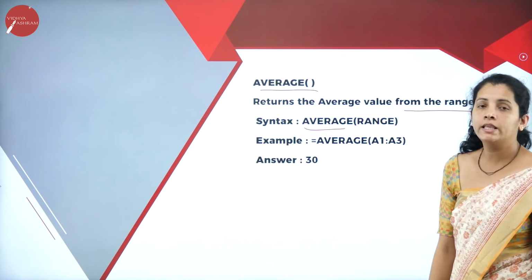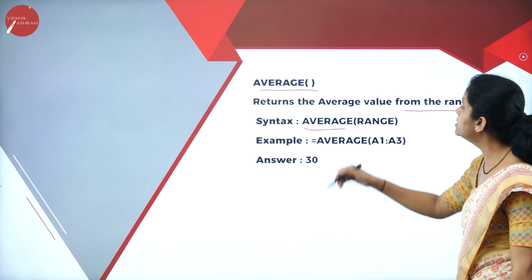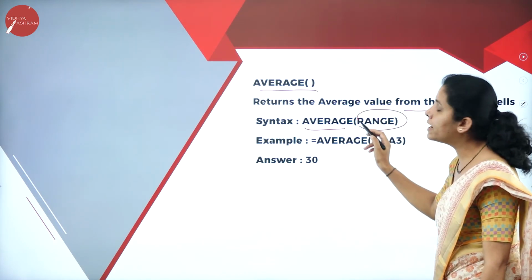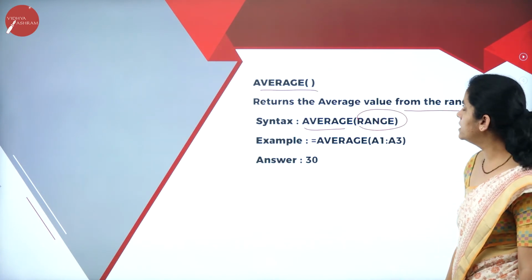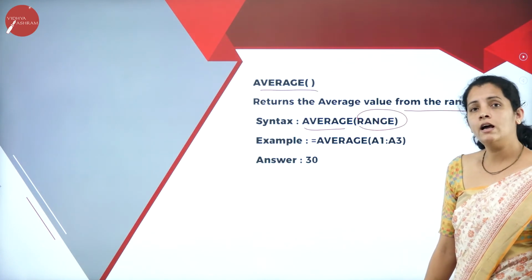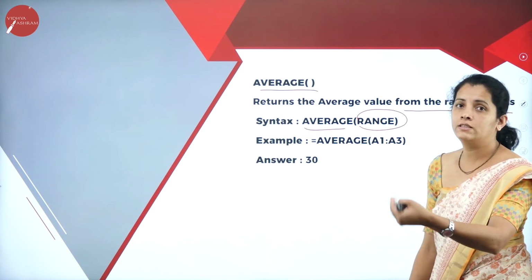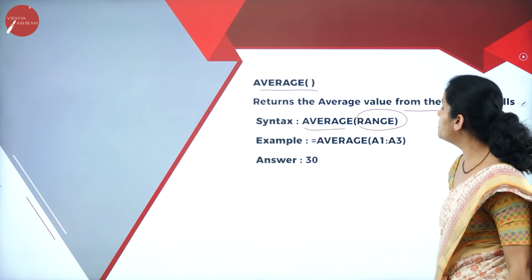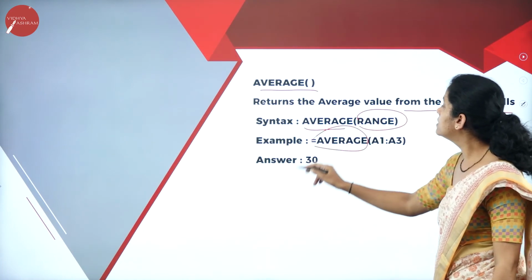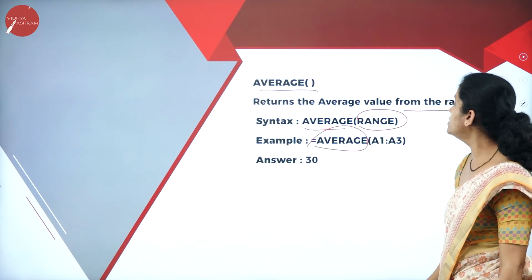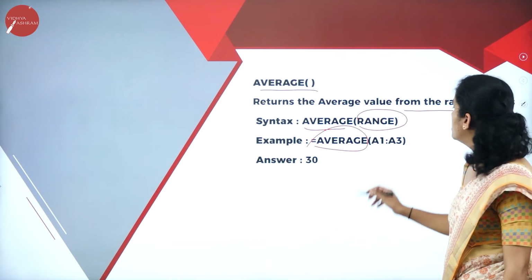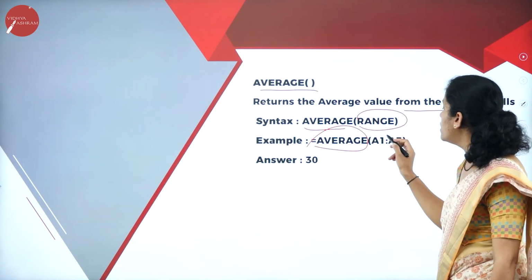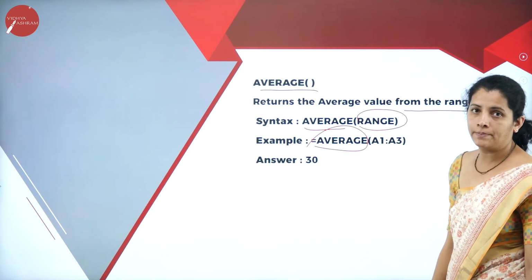That is average, and I'm going to specify the cell range, that is the starting cell, and where I want to stop, that is the ending cell. Then consider the example here, that is average, then A1 to A3.